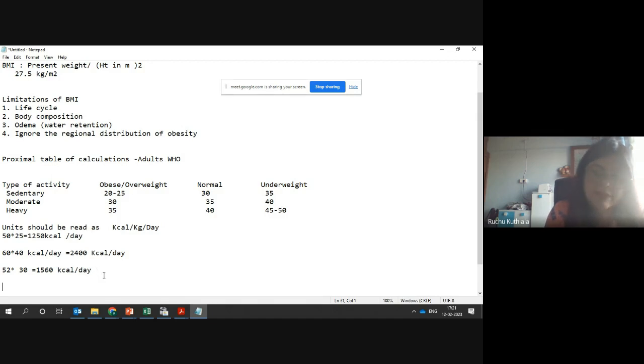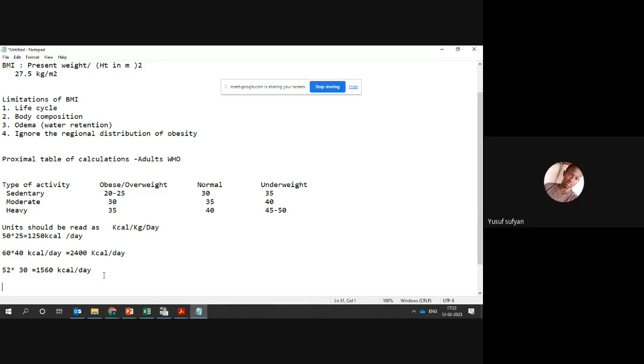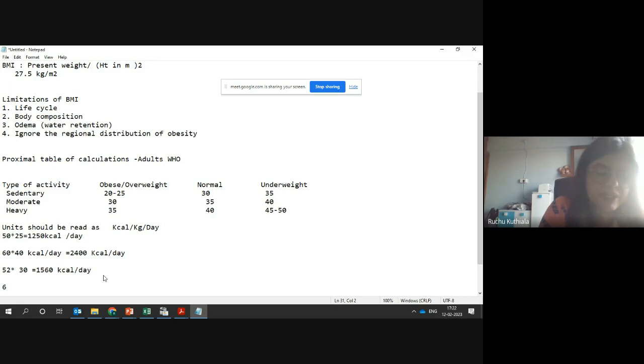But could you please tell me their ideal body weight, Yusuf? What is the ideal body weight? It's 60, ma'am. So that means here we can multiply 60. Because they are obese, we have to pick up the first one, and they are sedentary lifestyle.